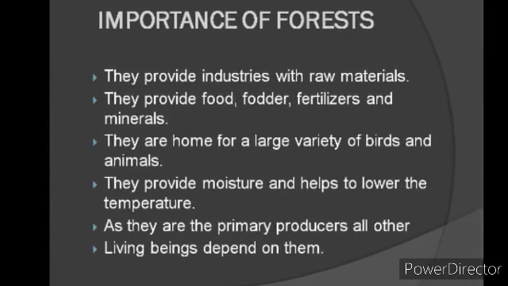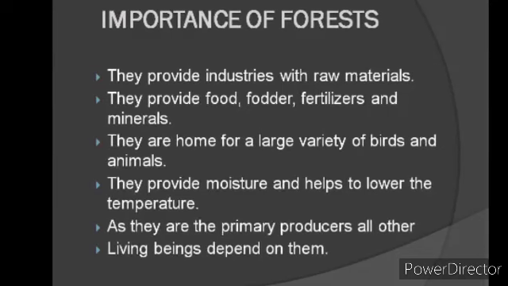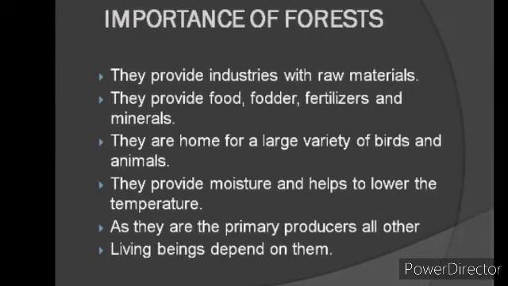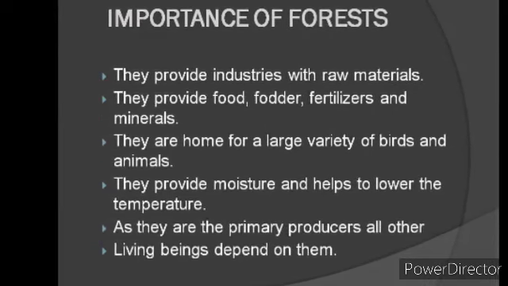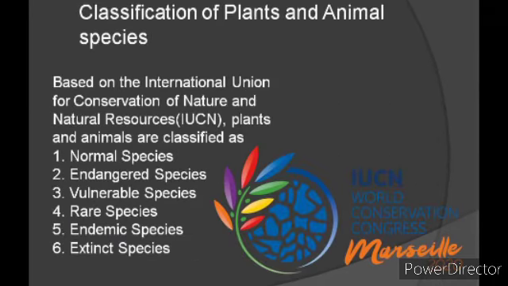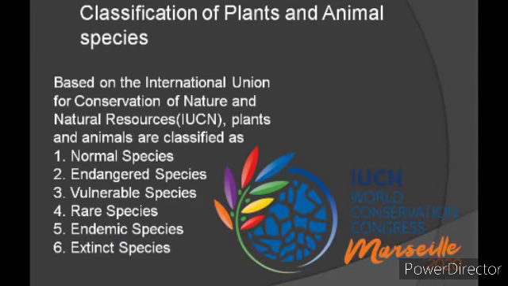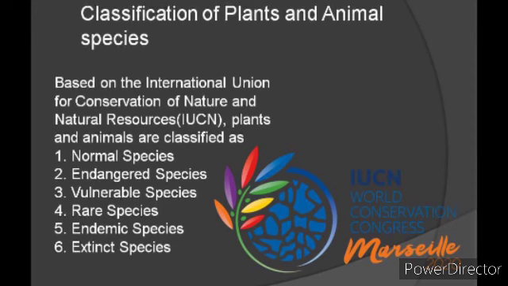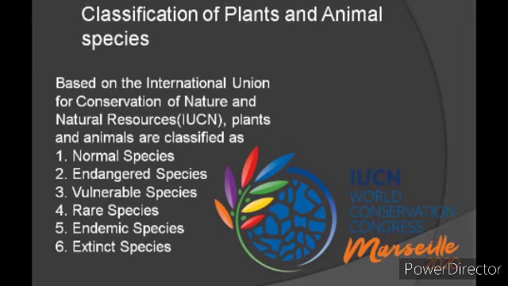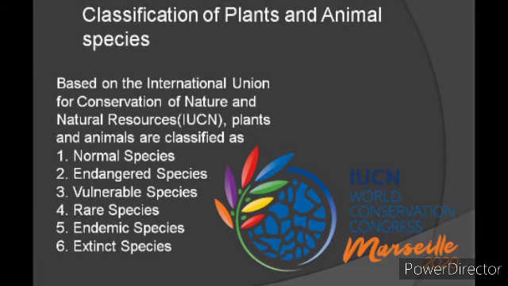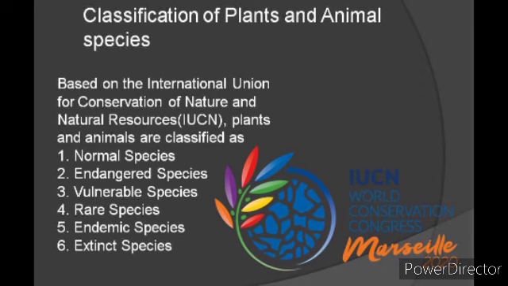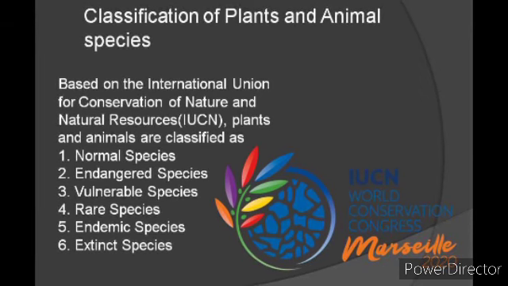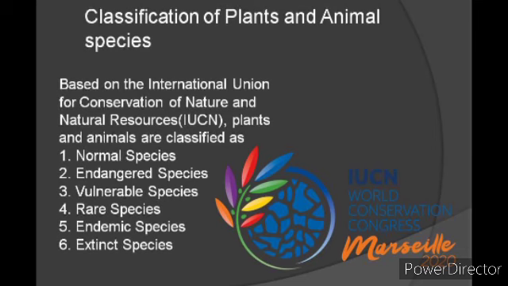So we'll see these animals and plants are now getting, as we have mentioned, all threatened. So the IUCN has made an effort to classify these animals according to their existence. How are they being classified? What do you mean by IUCN?